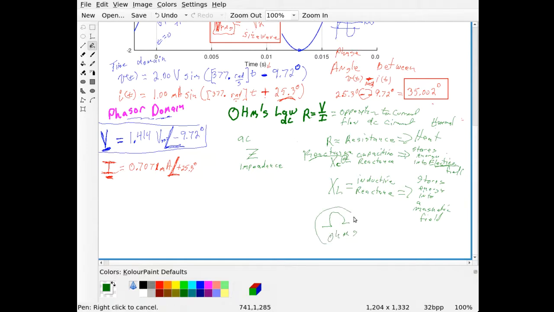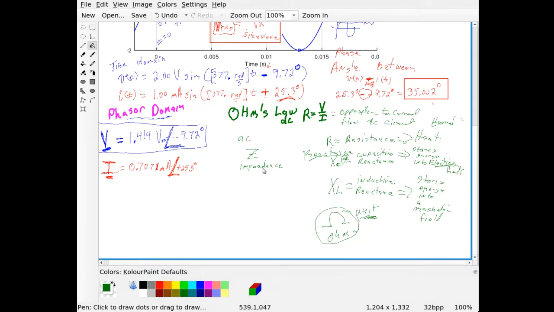Ohms is the opposition to current flow. It's the unit of measure of the opposition to current flow. So just like it was in DC, ohms is the unit of measurement for the opposition to current flow.